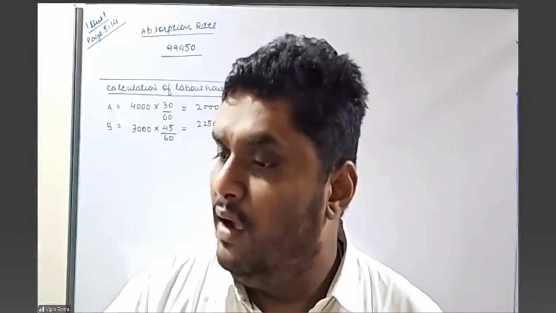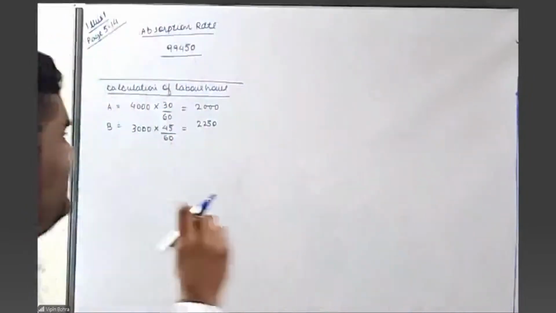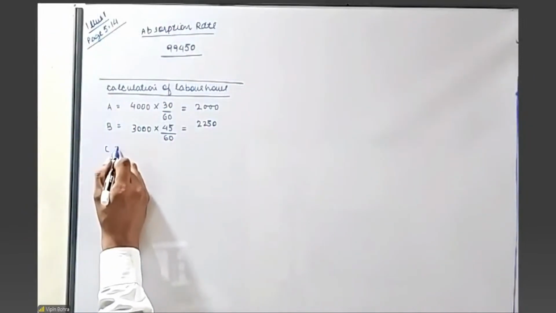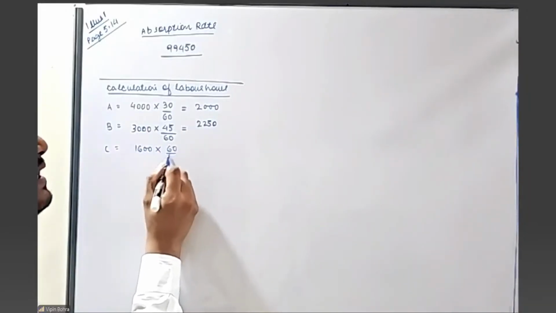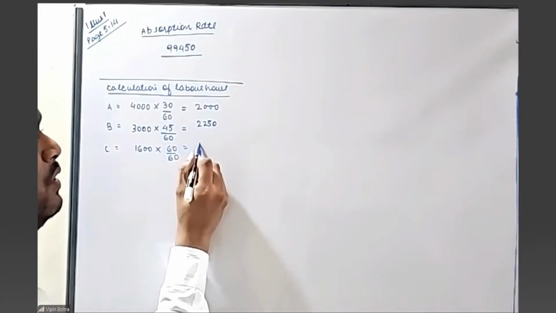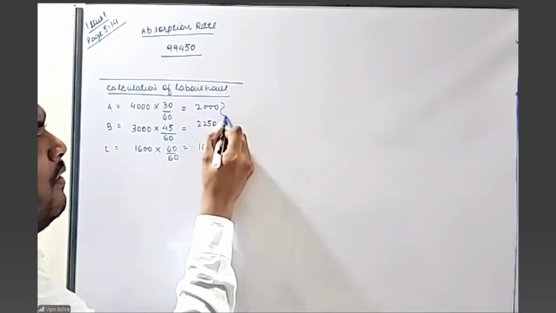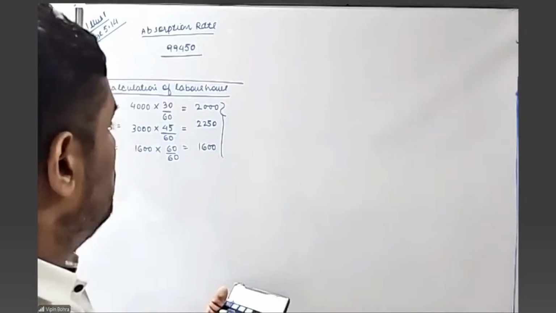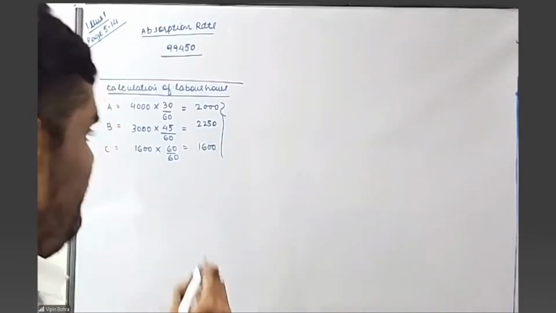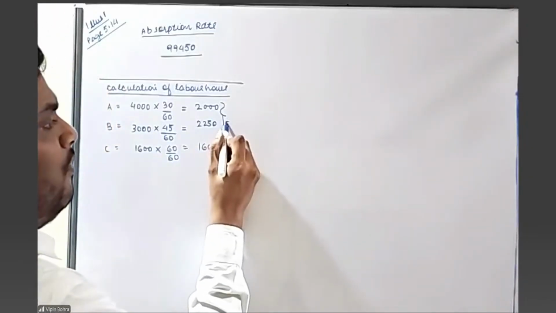When talking about product C, it is 1,600 units and every unit takes 60 minutes, which means 1 hour. 60 divided by 60, so it will be 1,600. So total hours will be 5,850.